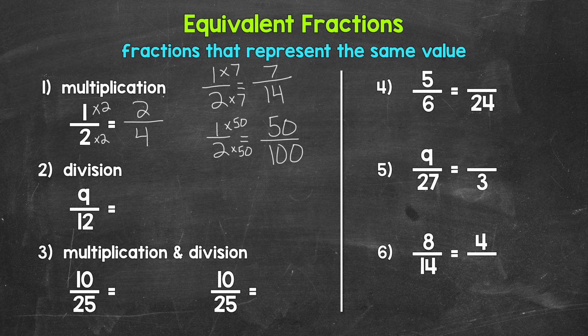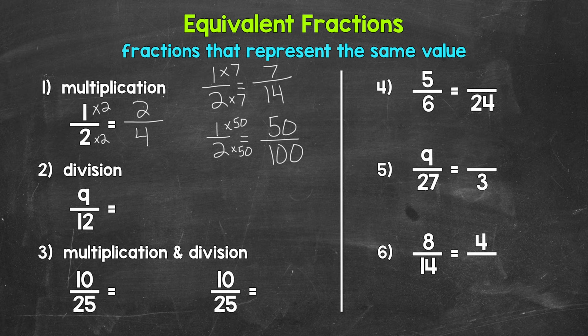Our fraction is 9/12. Now for division, we don't have as many options as we do when we use multiplication. And for some fractions, division isn't an option at all. This is because we need to have a common factor between the numerator and denominator, a number that we can divide by without getting a remainder.